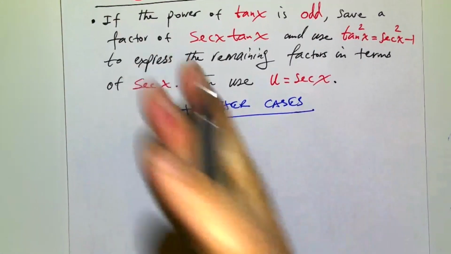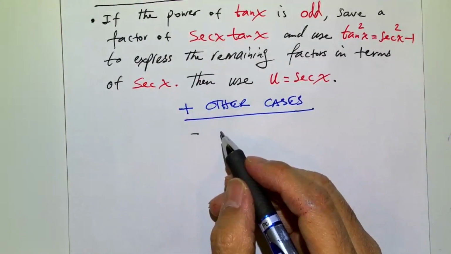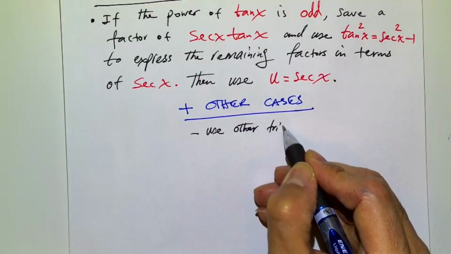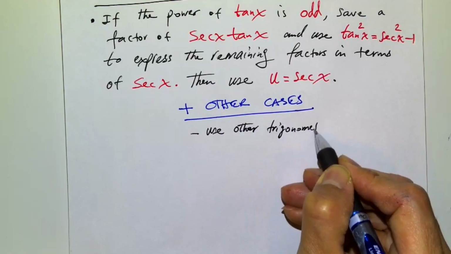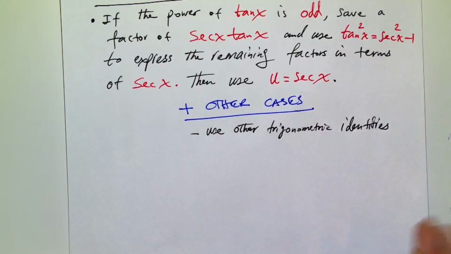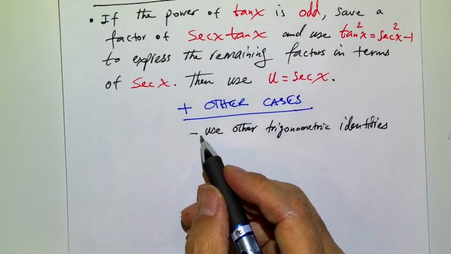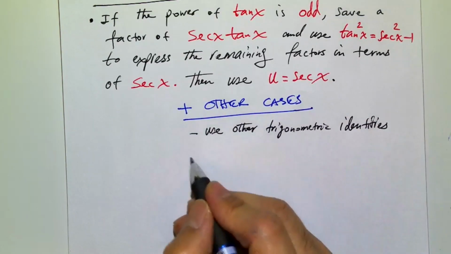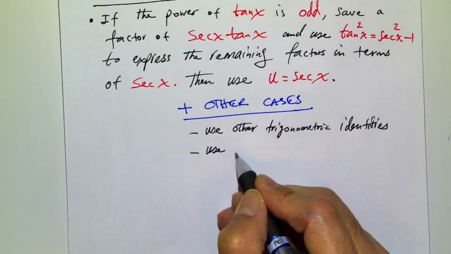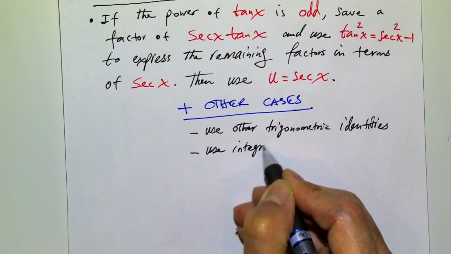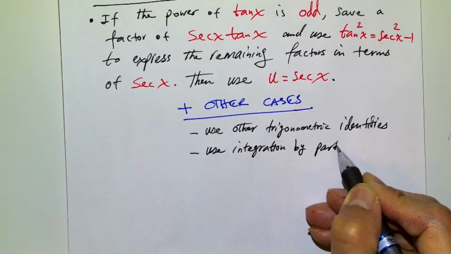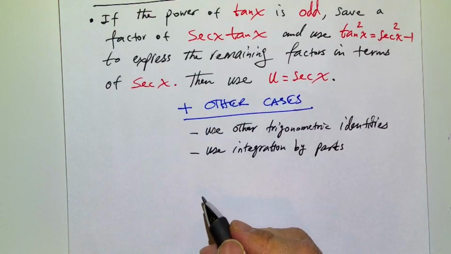So use other trigonometric identities that may be useful, and or use integration by parts.